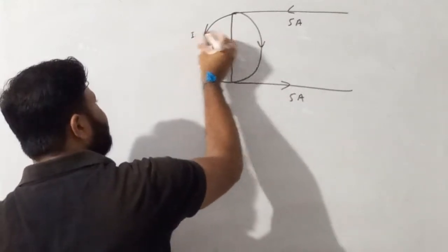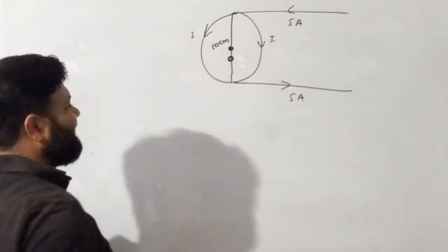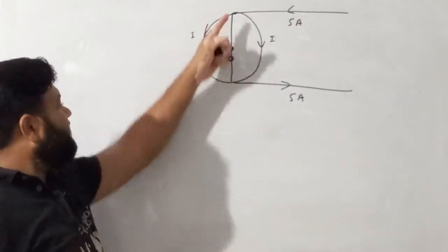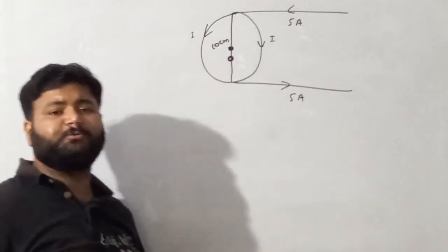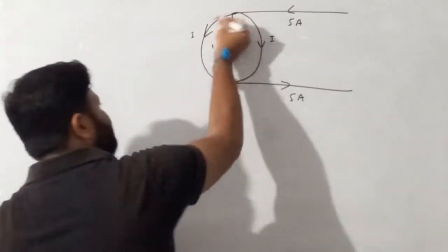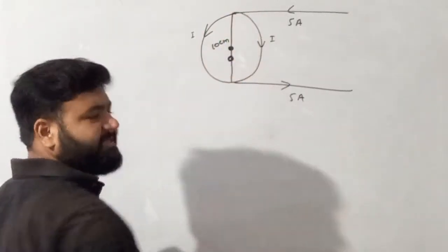So my dear student, if you see here, this loop carries current in two different directions, one in this part and second in this part.